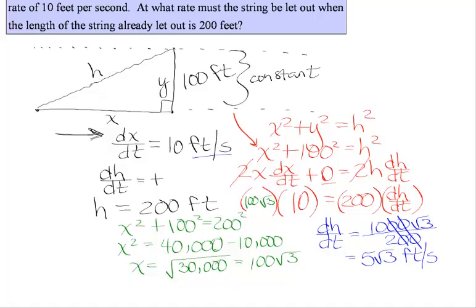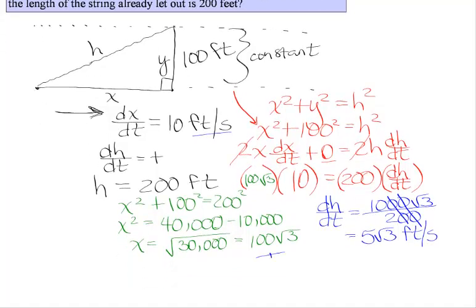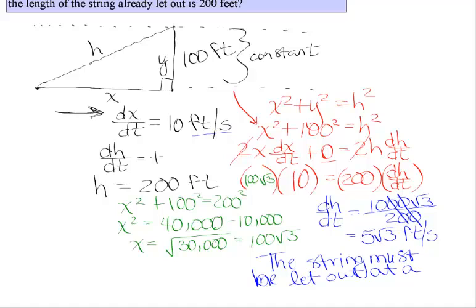The string must be let out at a rate, and I did get a positive value, so that just confirms my work should be correct. Must be let out at a rate of 5 root 3 feet per second.